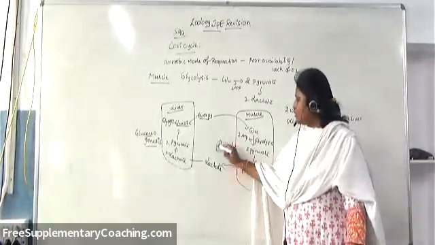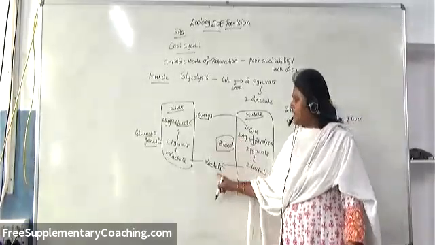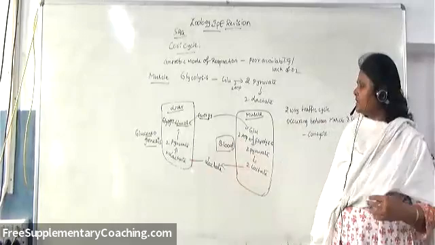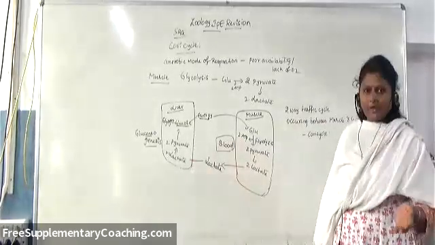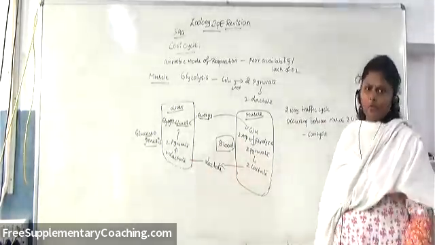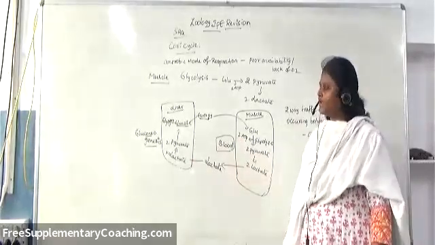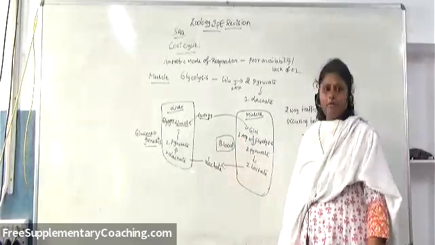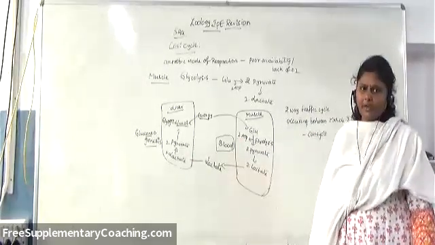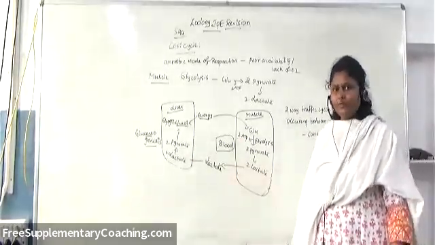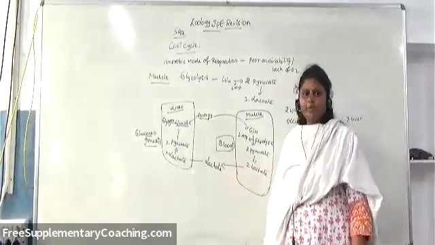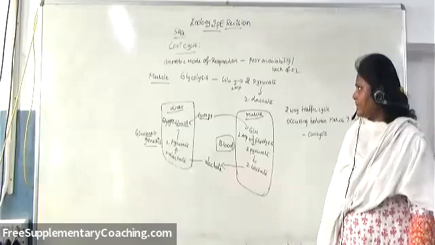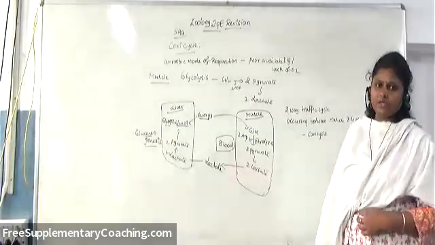Through blood it enters the liver, where lactate is converted back into pyruvate, then pyruvate to glucose, which is called gluconeogenesis. Now the glucose formed enters muscle again through blood and may produce energy, or it may be converted into glycogen and stored in the liver. This is called the Cori cycle.